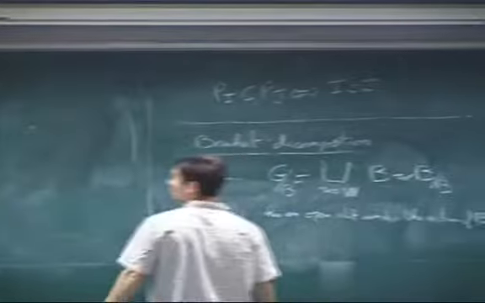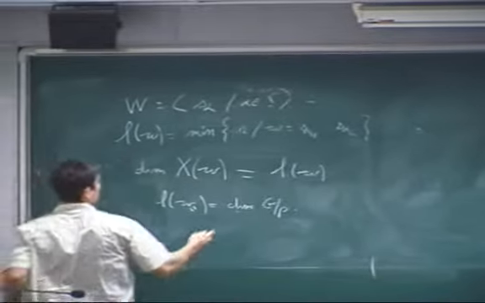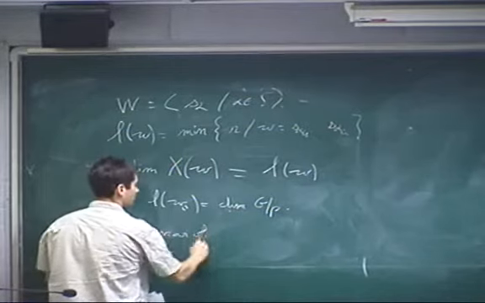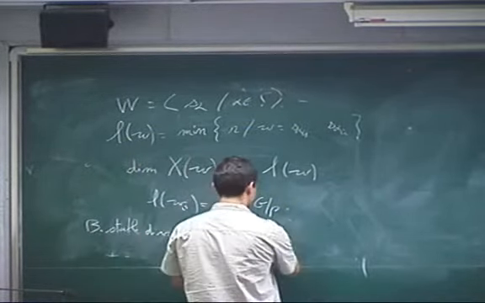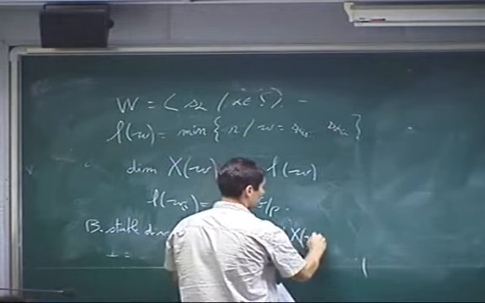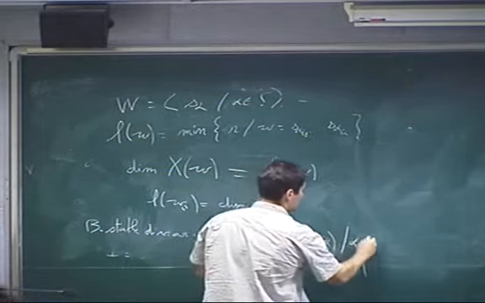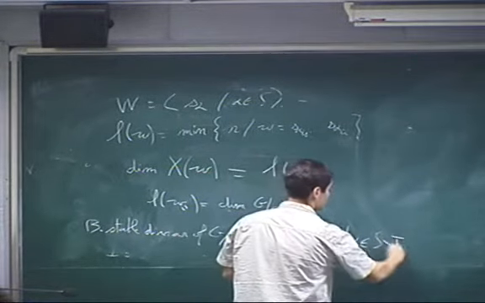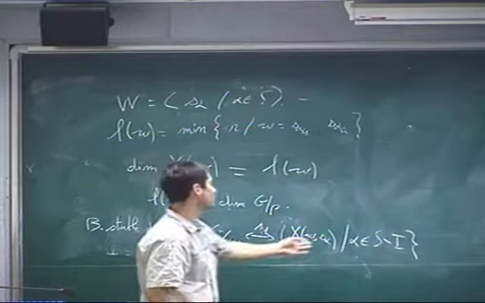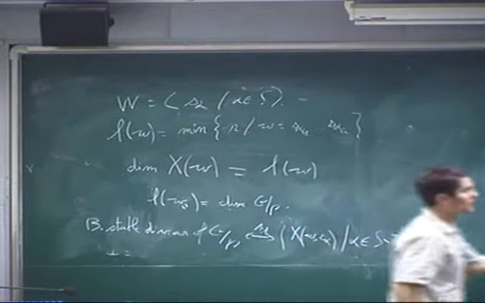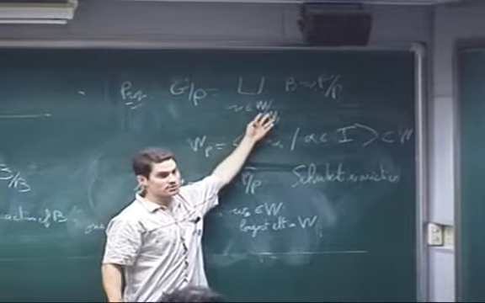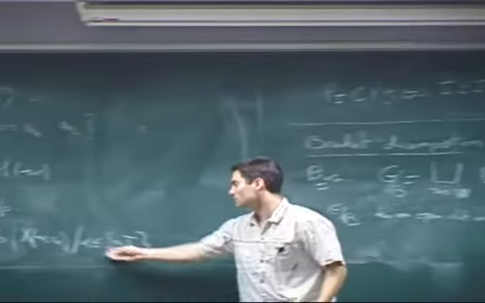So in particular, the B-stable divisors of G mod P correspond to the set of X w0 S alpha for alpha in S minus I. So if alpha is in I, then S alpha is in WP, so W0 S alpha is the same as W0 in this quotient. So that's why we only have alpha in S minus I.